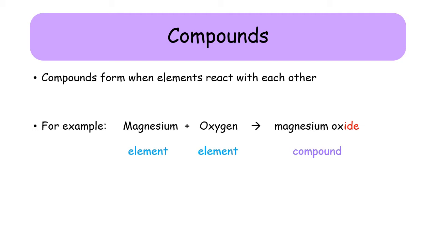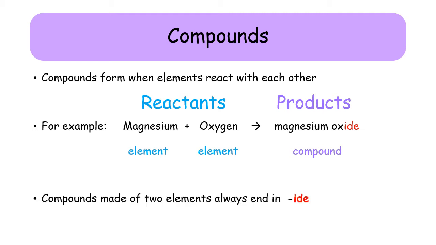When we write out a reaction like this, we call this a word equation. Everything on the left-hand side of the arrow is called a reactant, and everything on the right-hand side of the arrow is called a product. We need to always put an arrow between the reactants and the products to show that they transform.